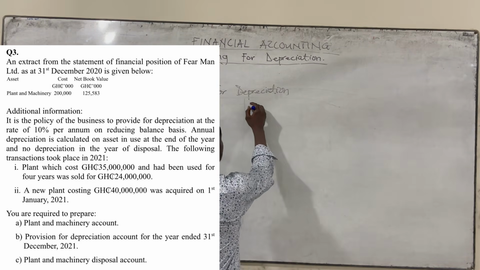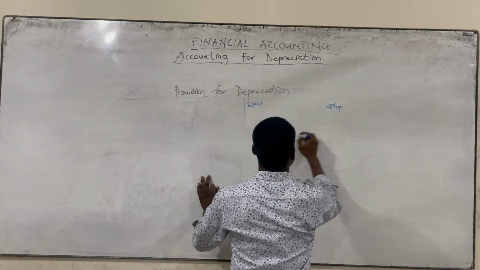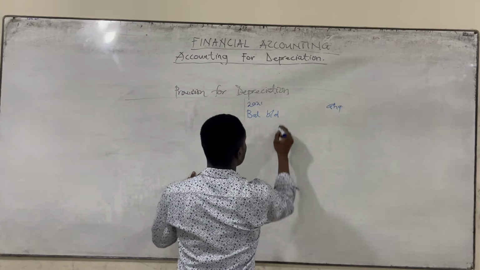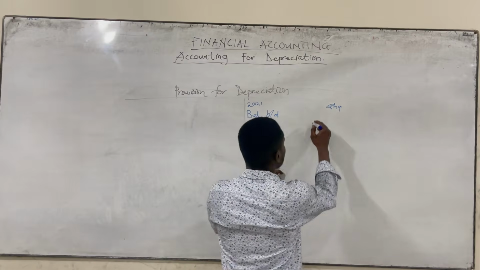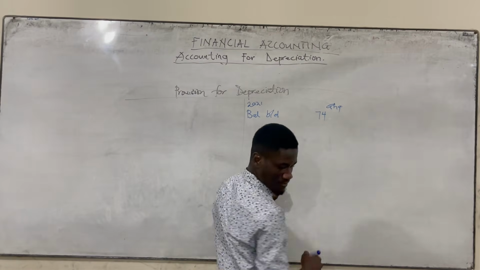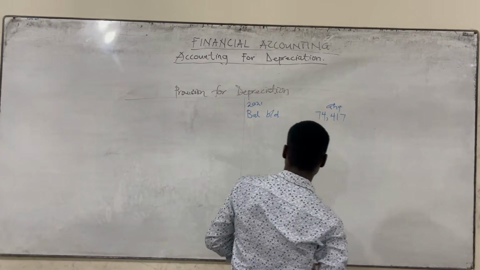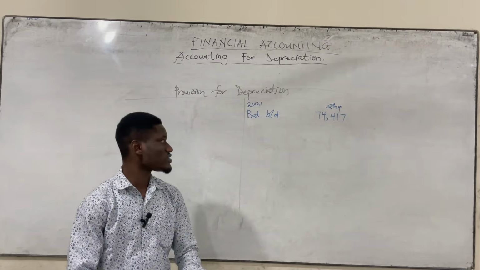So when we come here, our date is here, our Ghana cedis, balance BD, our depreciation brought forward was 74,417. Good. So this was the balance brought forward for provision for depreciation.